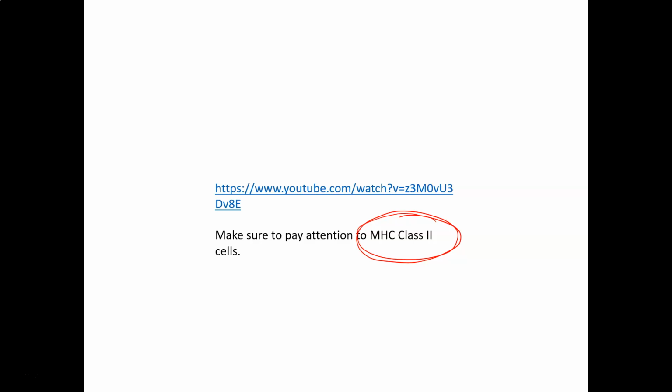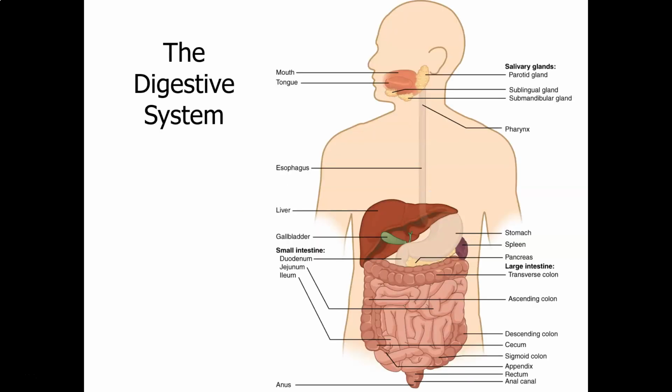It is a really good video tutorial on the immune system. It helps make a lot of sense of how your immune system responds to different things. So make sure you pay attention to MHC class 2 cells. If you can't click on this and watch it, then copy and paste it into your URL bar.